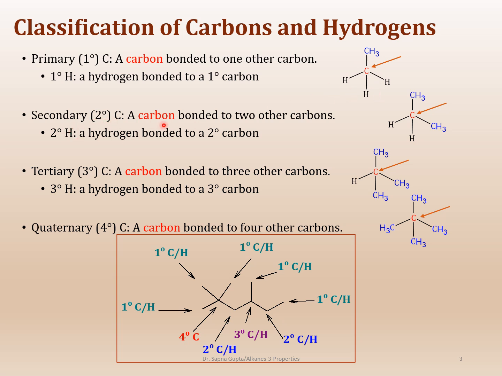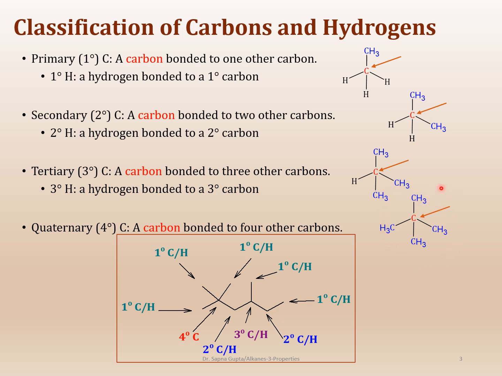A secondary carbon is bonded to two other carbons. So here I'm pointing to the red carbon again, and it's connected to two carbons, and so it's considered to be a secondary carbon. And then secondary hydrogens are the two hydrogens connected to that carbon. A tertiary carbon would be connected to 3 carbons and would have a tertiary hydrogen. A quaternary carbon is connected to 4 carbons, and it has no hydrogens.